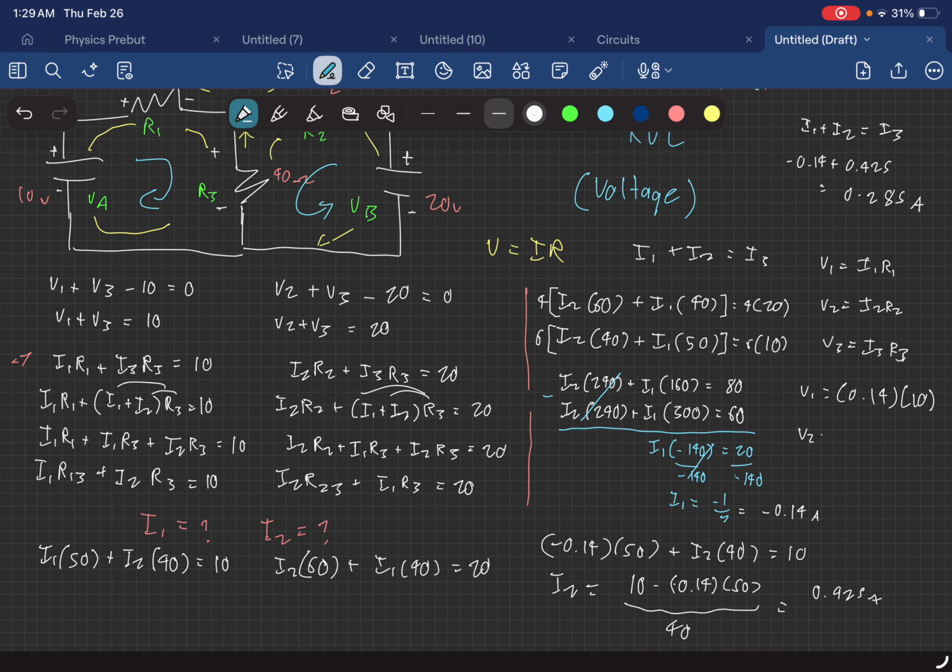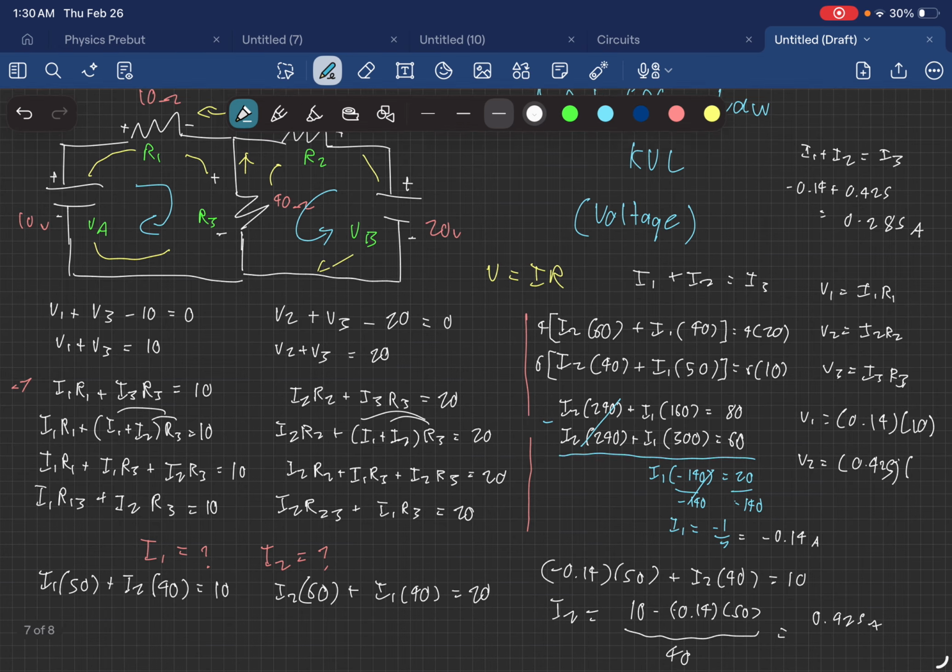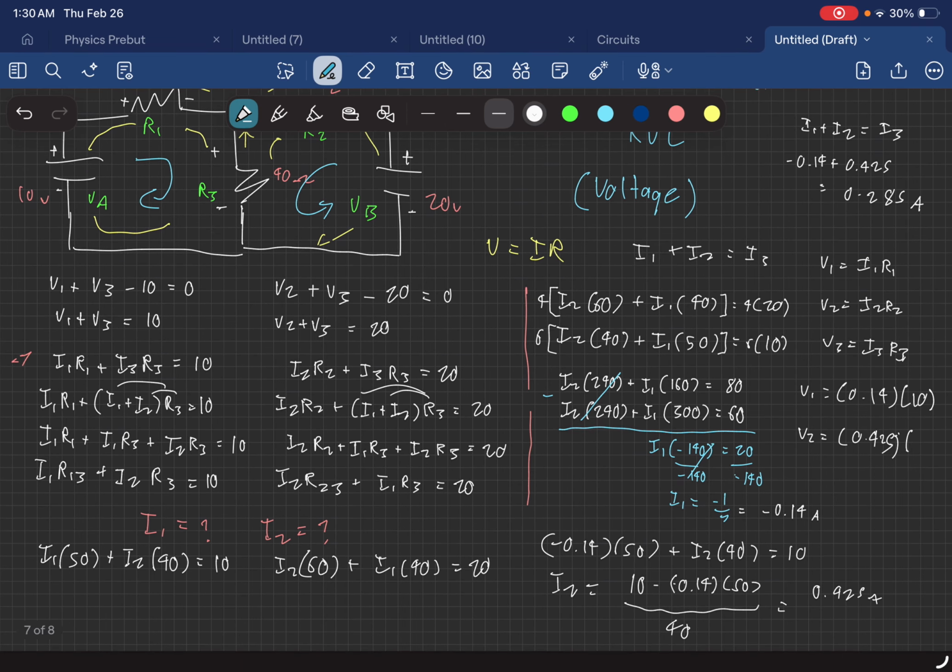Our V2 is equal to, what's our I2? 0.425, and then what is our resistor? 20. And our V3 is equal to 0.285 times 40.